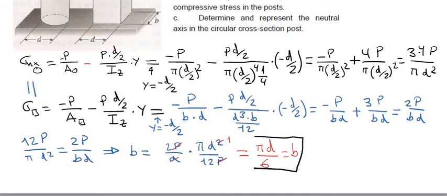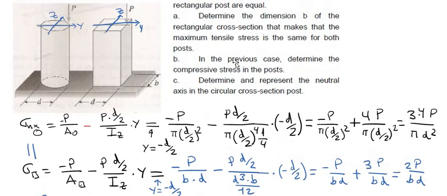Okay, the second question was to determine the compressive stress in the post. So what we have to do is, again, calculate the normal stress σx in the round cross section, but in this case at y equal to positive d divided by 2.